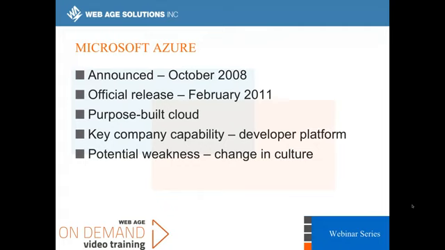The potential weakness, though, of working with Microsoft is that the cloud is a profound change in culture for Microsoft. If there were a Nobel Prize for business, I would have to say the first one would go to Satya Nadella, who's the current CEO. He came from the cloud side, and he has turned this aircraft carrier around.